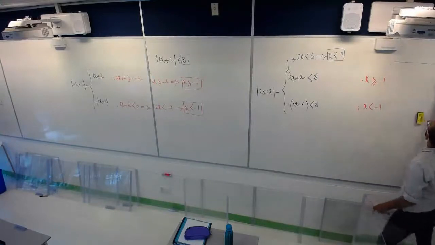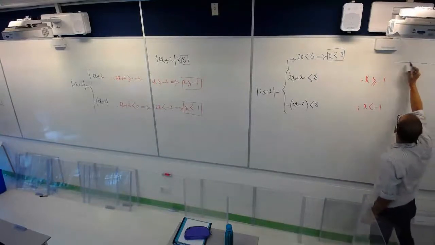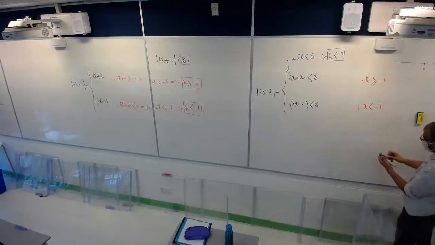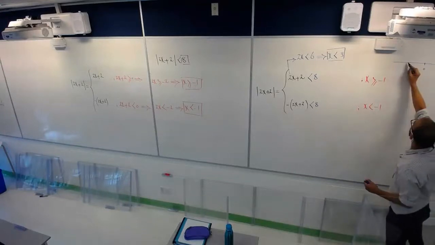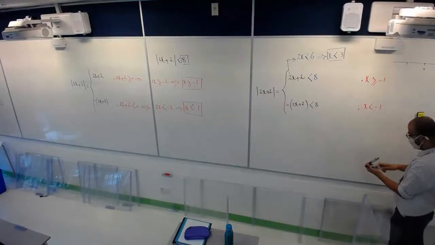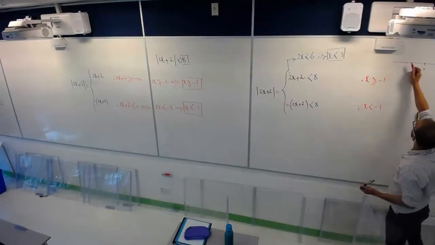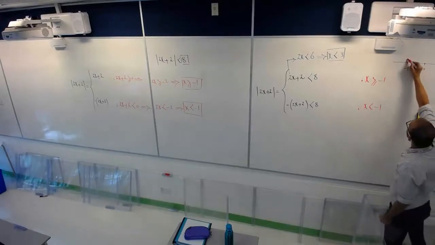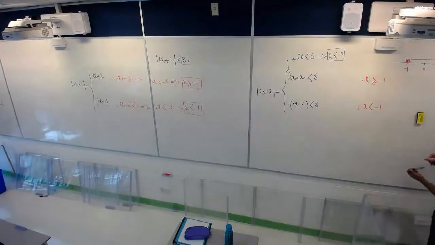Guys, look at this. This is very, very important. I have 0 here on the x-axis. I show this one, x greater than what? Minus 1. How are we going to solve the second one? That's right. x is less than minus 1 here. And I know that x is greater than this. x has to be this.